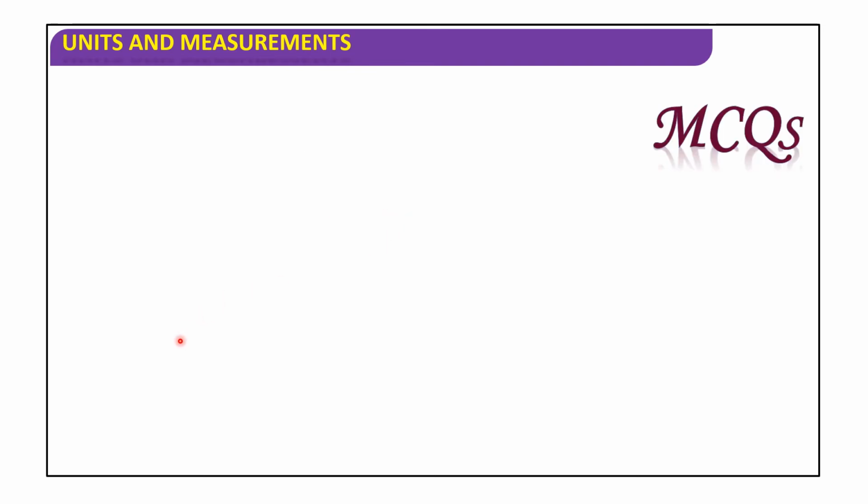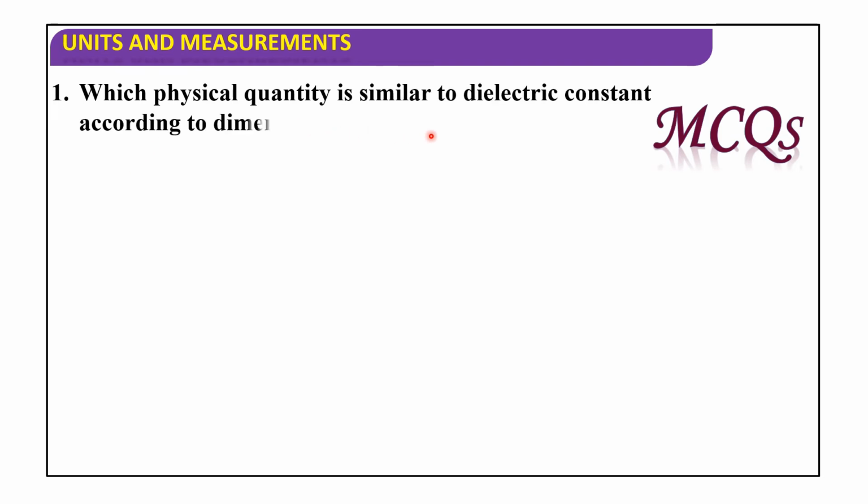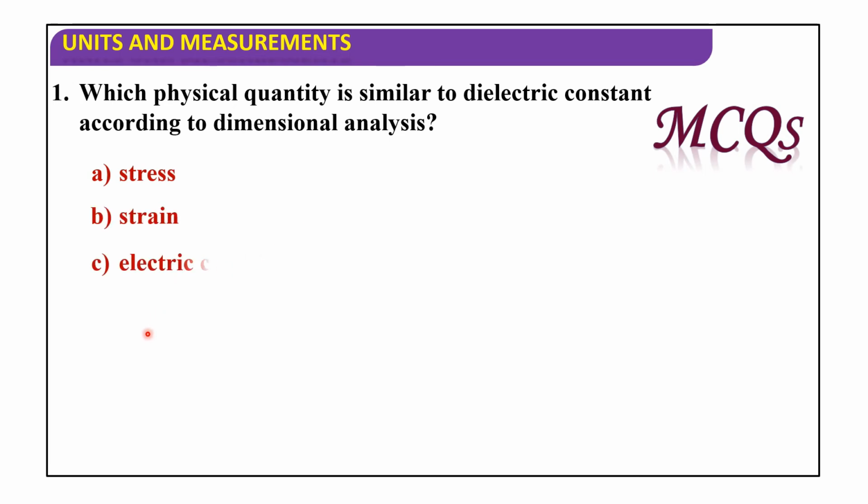Now I'll discuss MCQs. Which physical quantity is similar to dielectric constant according to dimensional analysis: stress, strain, electric capacity, electric permittivity? The answer is strain.